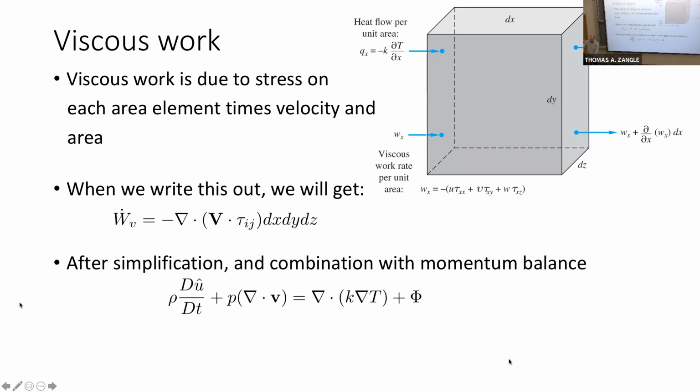Can someone help me expand that out? So total derivative, if I write D/Dt, the total derivative term, what does this look like?